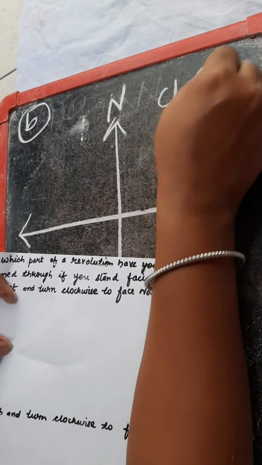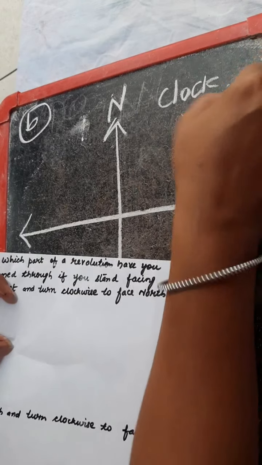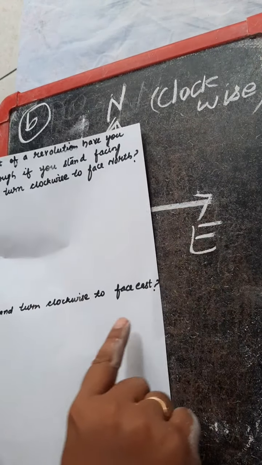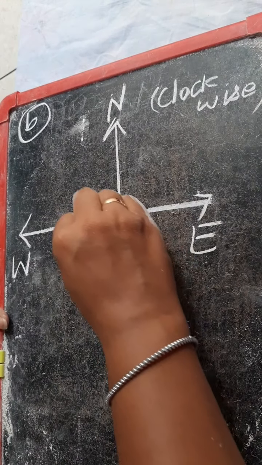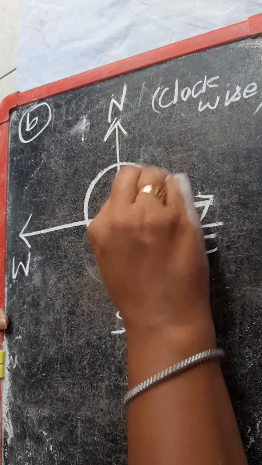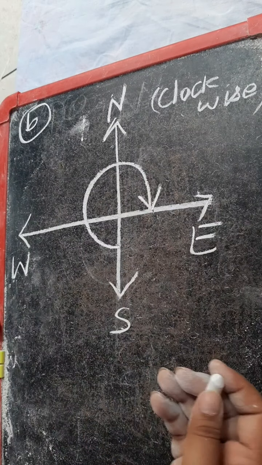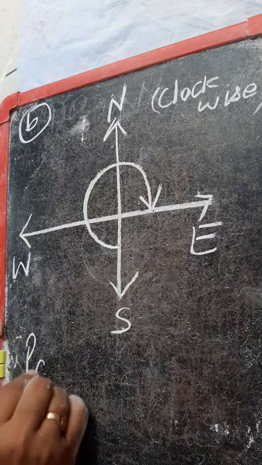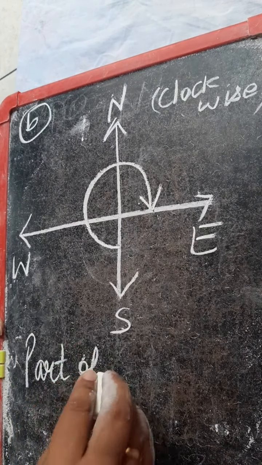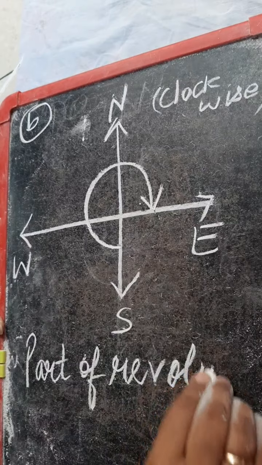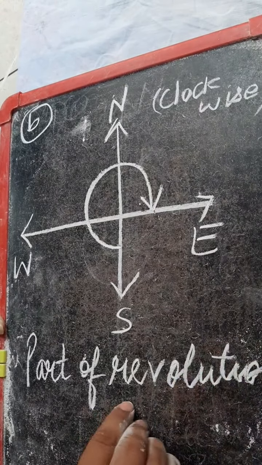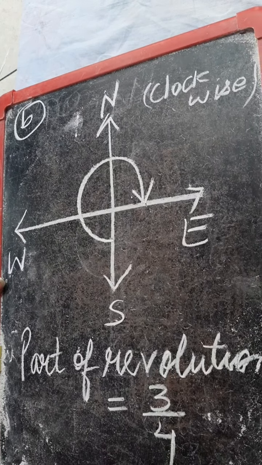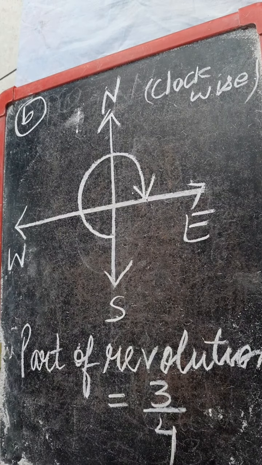We start from south and turn clockwise to face east. Now what is the fraction? What is the part of revolution? 1, 2, 3. That is 3 upon 4. So here part of revolution equals 3 upon 4. So this is my B part.